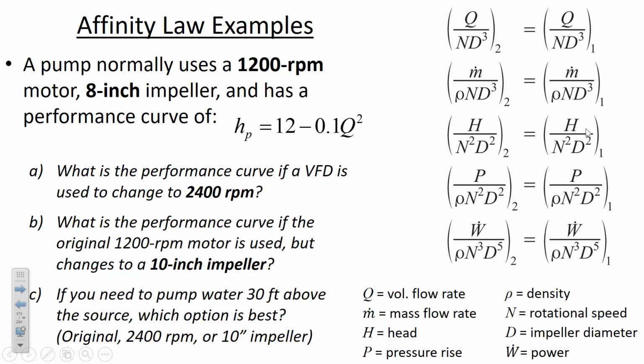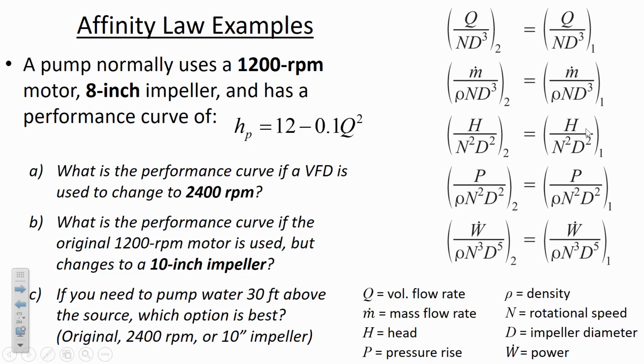So this is what this pump is able to do under the first circumstances. The original performance curve was H1 is equal to 12 minus 0.1 Q1 squared. This was the given.